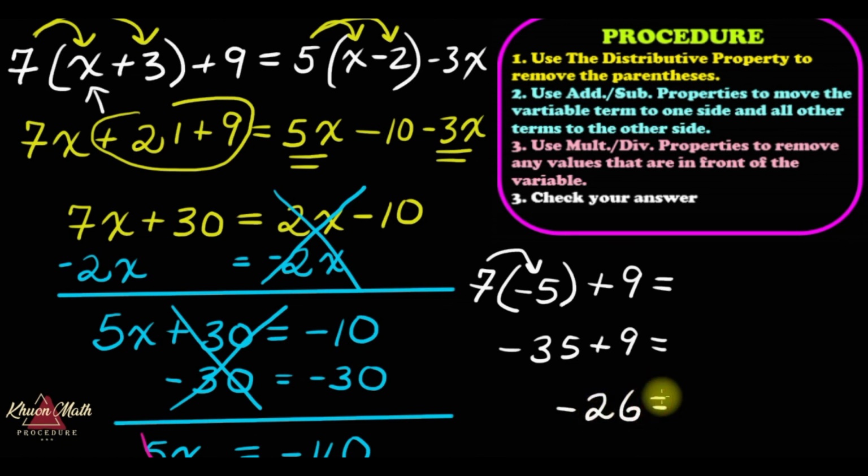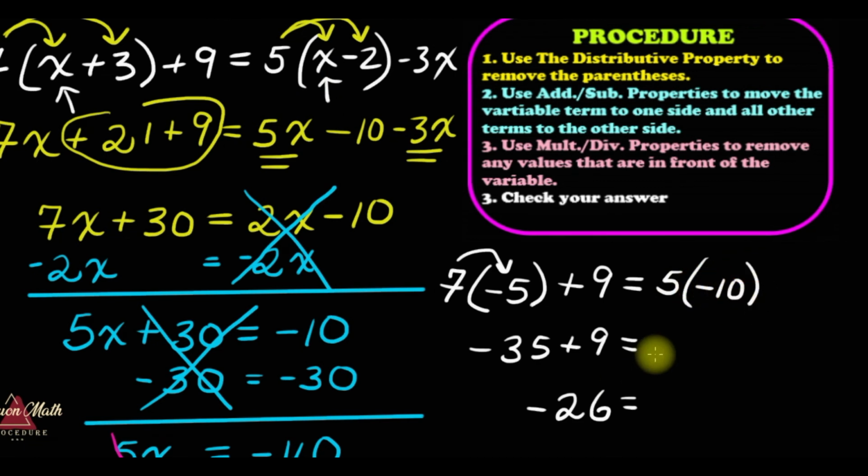All right, let's see what the other side is. 5 times negative 8 minus 2 is negative 10. And then negative 3 times negative 8.